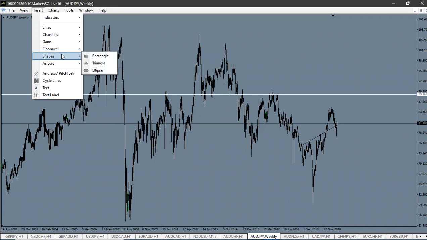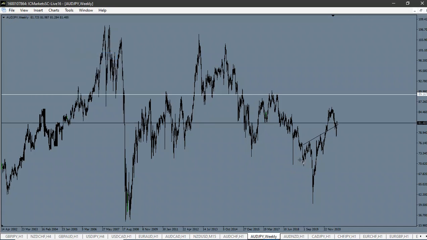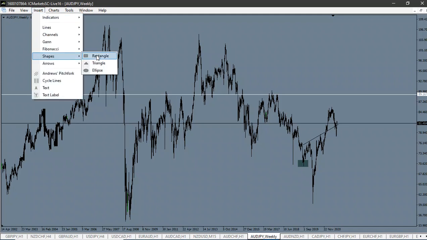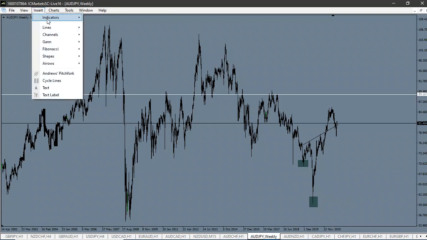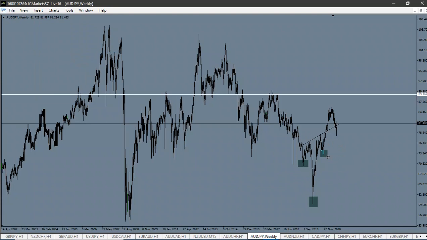Let me show you the shoulder. This is the left shoulder, the head, and the right shoulder.